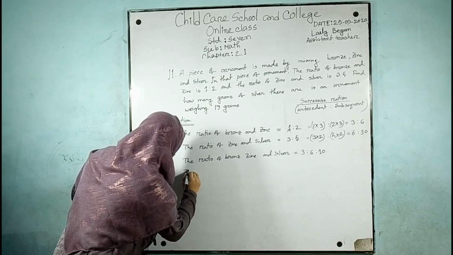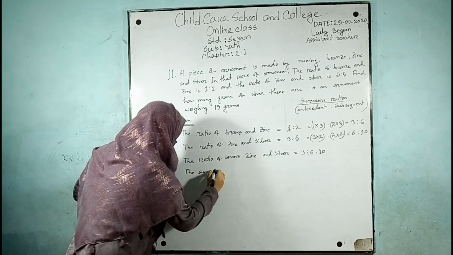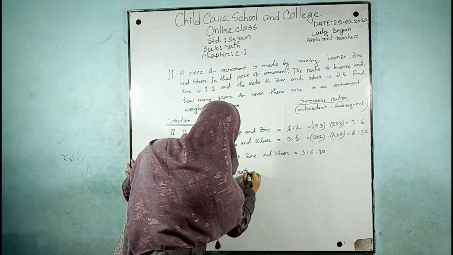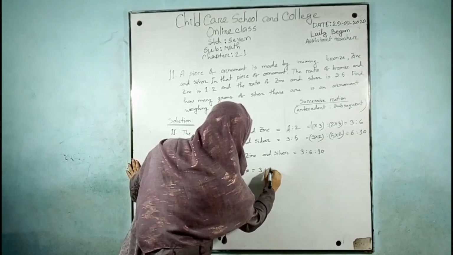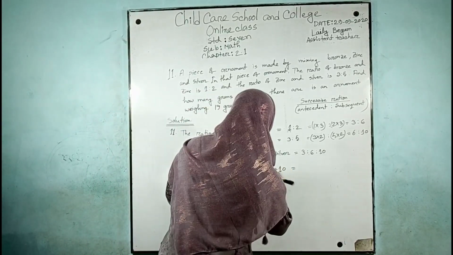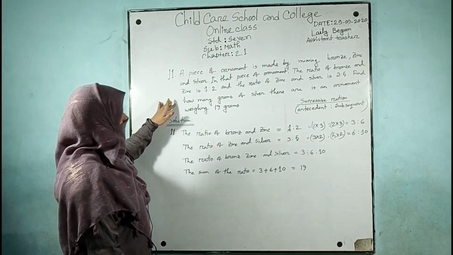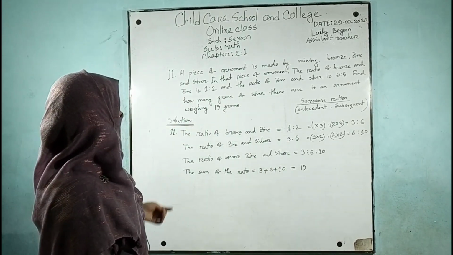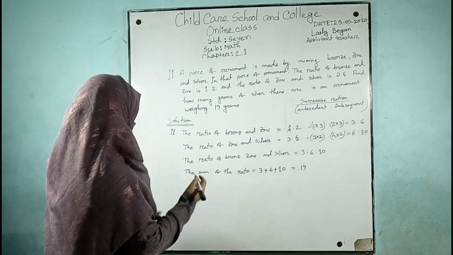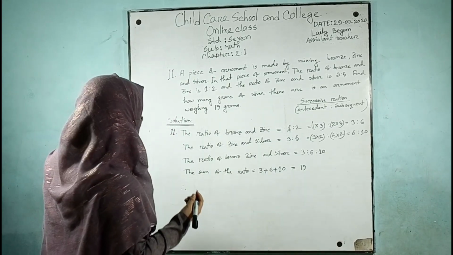Now what is the sum of this ratio? The sum of the ratio equals 3 plus 6 plus 10, and we find 19. In this question, we have to find how many grams of silver are in the ornament, so we find only the silver.